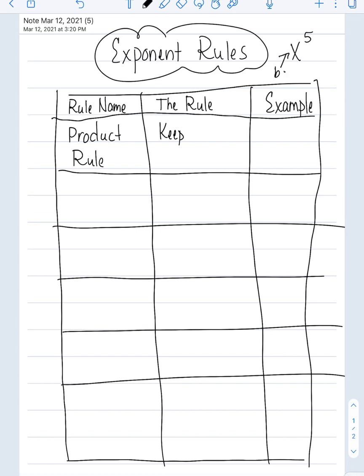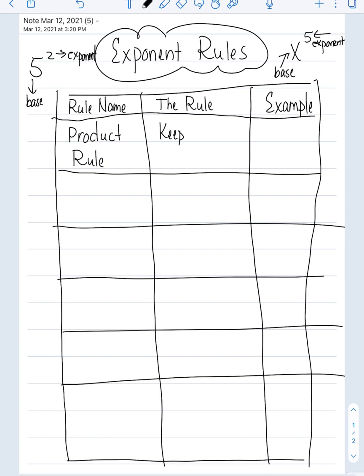The big number, just a reminder, is called the base, or the big letter, number, whatever. And the small number, we call that the power or the exponent. So one more time, and let's say you have a number, like 5 to the 2nd power.